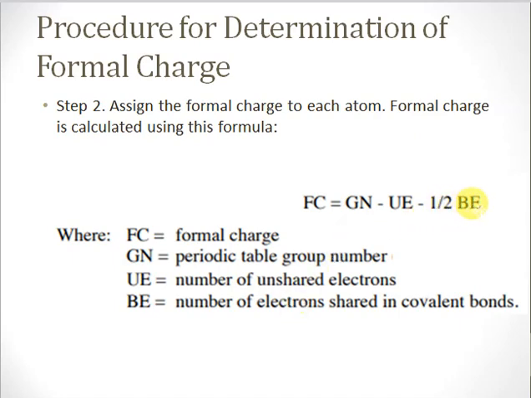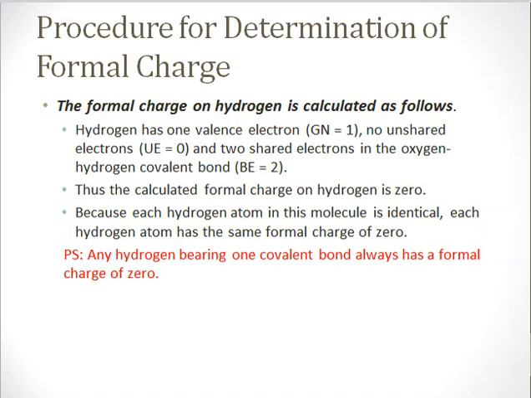Now we have the formula, so let's see how we can calculate the formal charge for this hydronium ion. Firstly, we'll calculate the formal charge for hydrogen. We know that it has 1 valence electron since it has group number 1, so G will be 1.